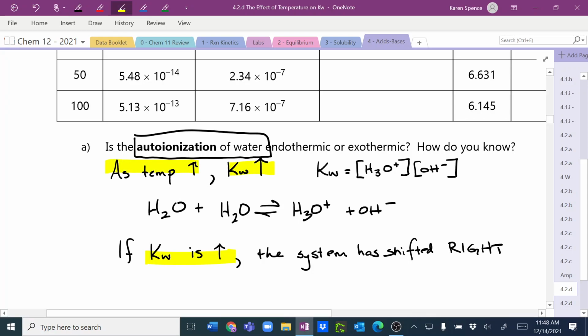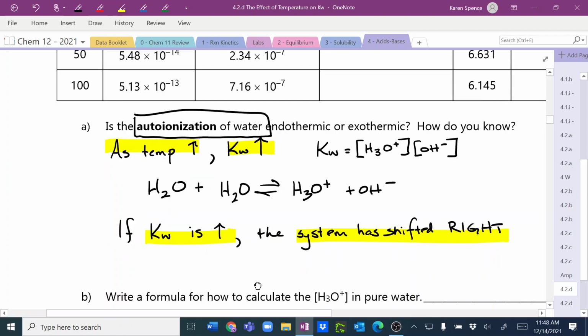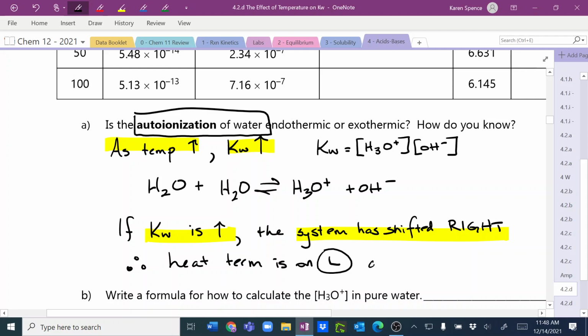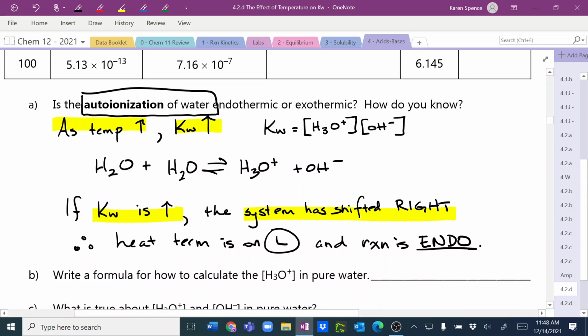And if Kw is increasing, the system is shifted right. What side is the heat term on? Therefore, the heat term is on the left and the reaction is endothermic. I don't have room to write thermic, so I'm just going to write endo.